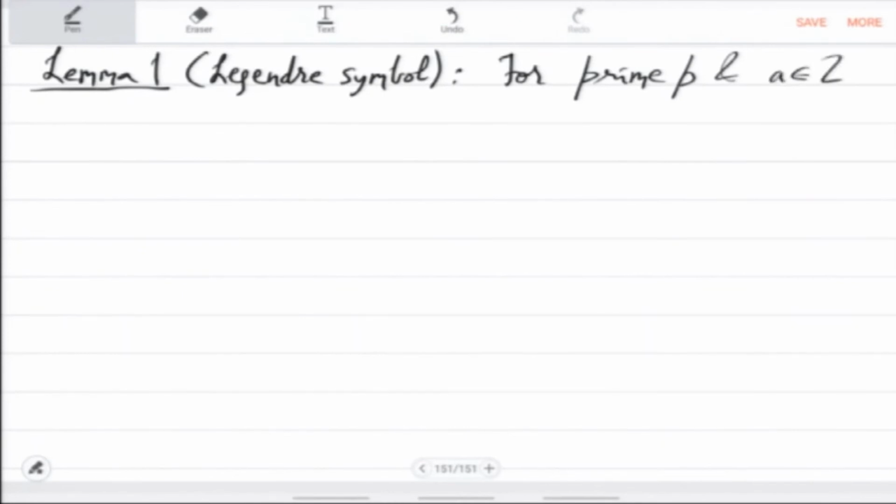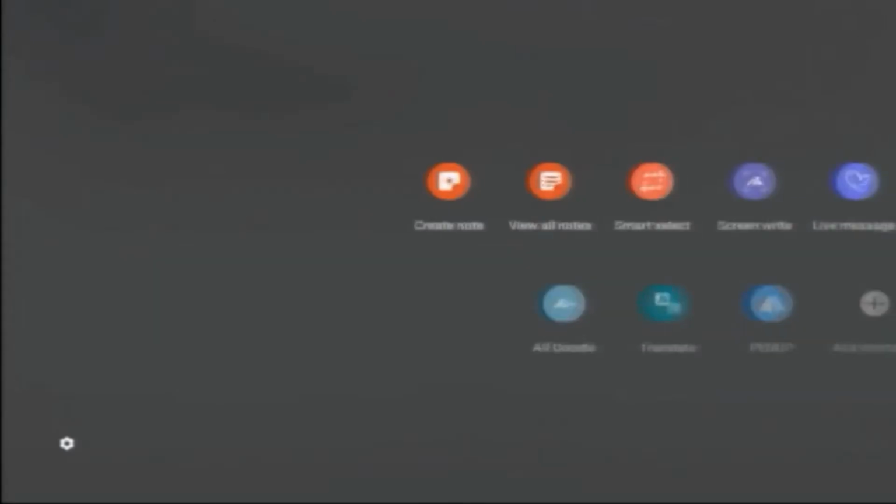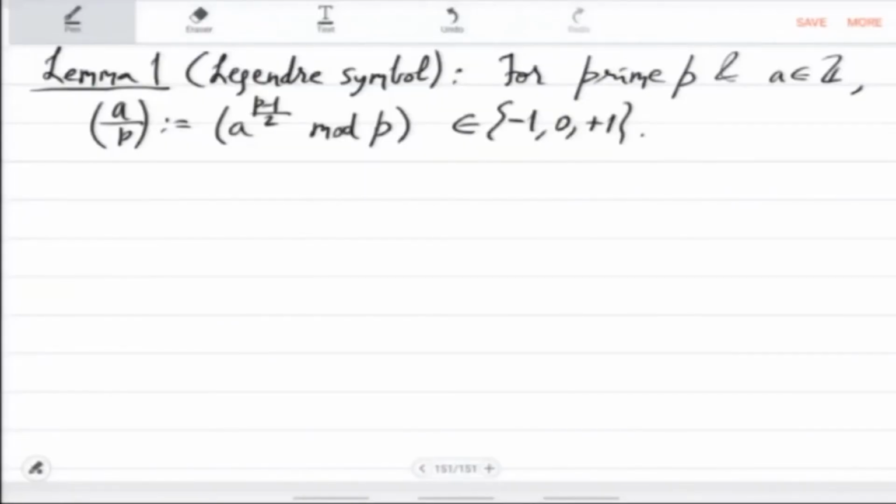So let us recall what we call the Legendre symbol. For prime p and an integer A, the Legendre symbol A by p is A raised to p minus 1 by 2 mod p. This value is either minus 1, 0 or plus 1. If A is 0, it is 0, but if A is a square, then this is 1.